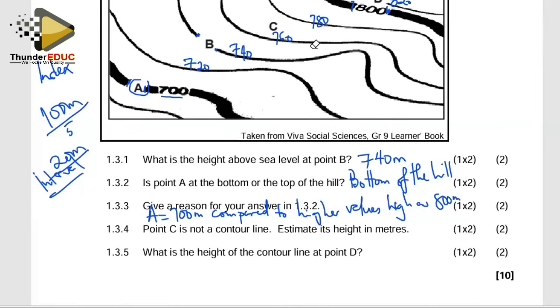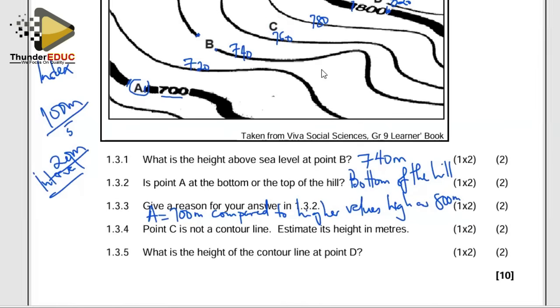It's a simple estimation here. If you can see where C is located, C is between this contour line and the next contour line, at the mid position. So we are saying the distance here is halfway between this and this, and the value between this and this is 20. So half of 20 is 10.